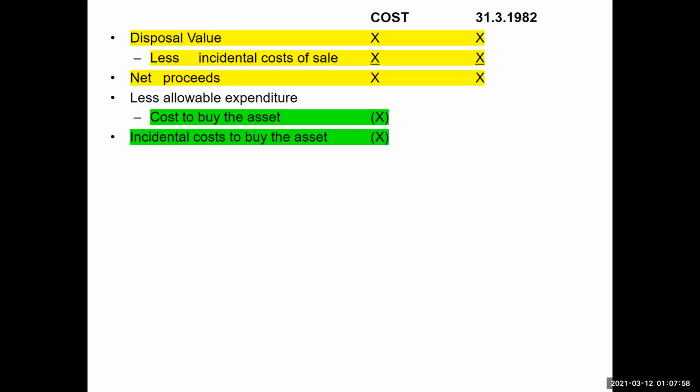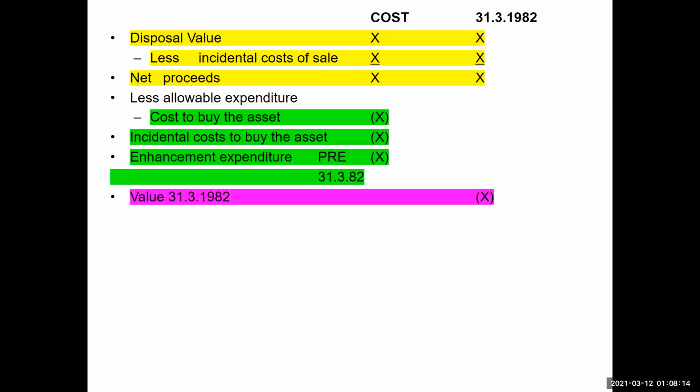So we subtract any allowable expenditure: cost to buy the assets, incidental cost to buy the assets. Any enhancement expenditure pre-1982 will only go under the cost because this was only pre-1982. And then any value as at 1982 goes only under the 1982 column. We subtract all this allowable expenditure.